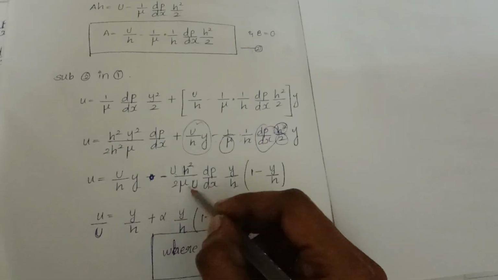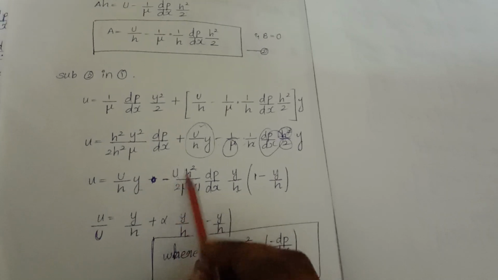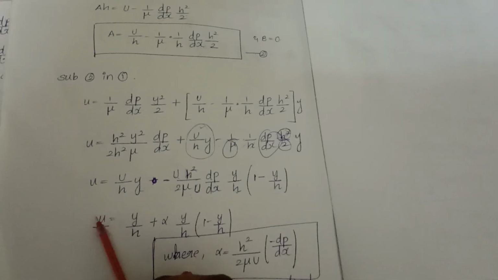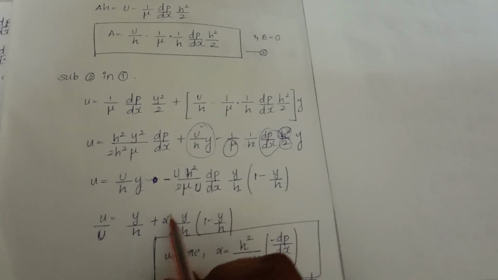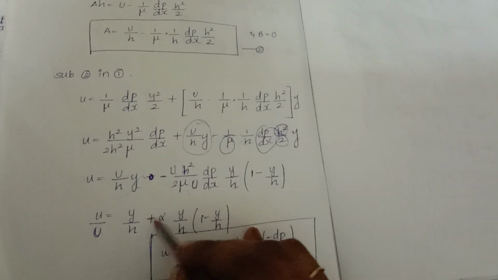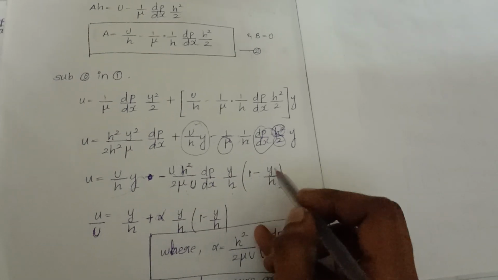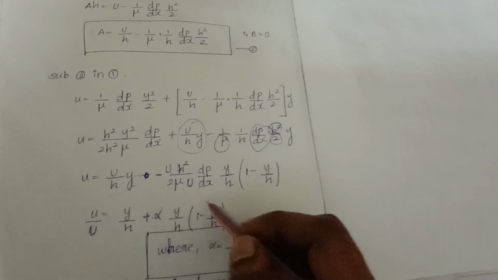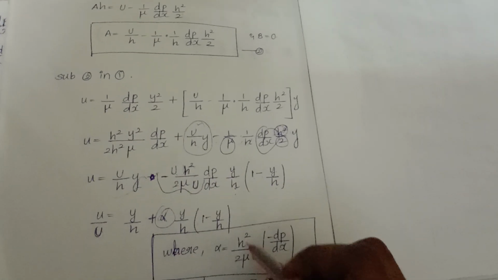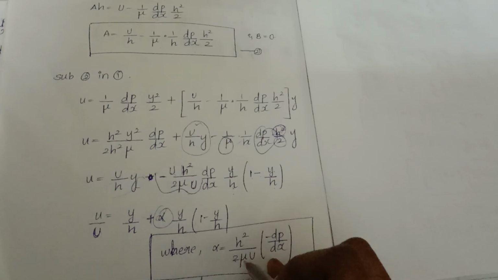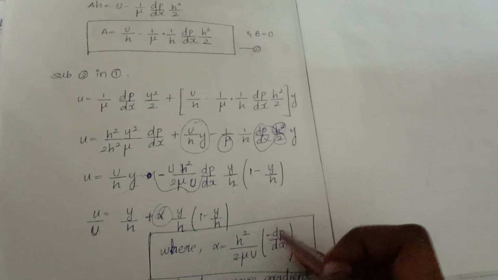So multiply and divide by U, then take this U as denominator, we get u by capital U equal to y by h plus alpha of y by h into 1 minus y by h, where alpha is denoted as h square divided by 2 mu U times minus dp by dx.